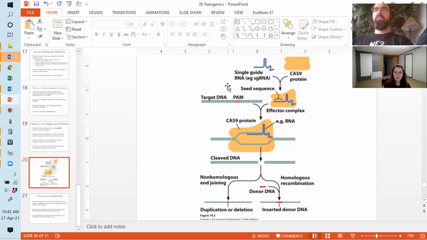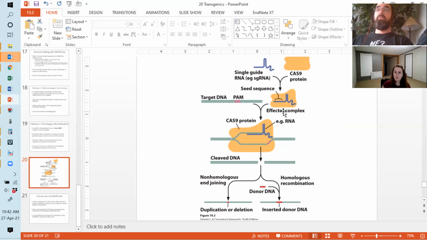That's not always perfect, which is one of the downsides. But when you introduce these two things to your target cell, that might be human cell culture or injecting it into C. elegans or into Drosophila, what happens is that this forms, again, another scanning complex.